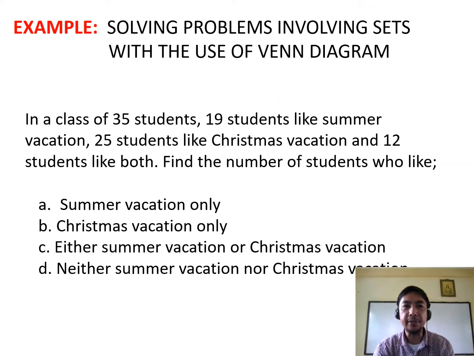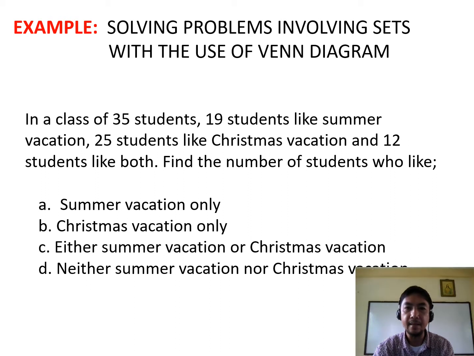Now, let us try to consider examples of solving problems involving sets with the use of a Venn diagram. Here's the example. In a class of 35 students, 19 students like summer vacation, 25 students like Christmas vacation, and 12 students like both.